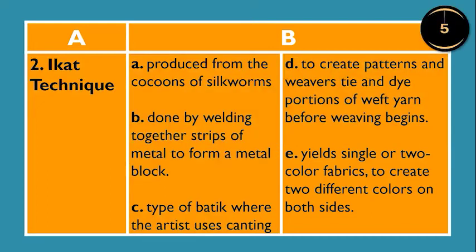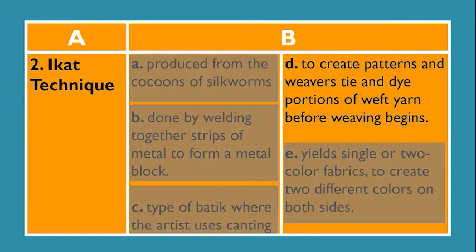Let's have number 2. Ikat technique. You have 5 seconds. Time is up and your answer is? That is D. Ikat technique is to create patterns, and weavers tie and dye portions of webbed yarn before weaving begins.